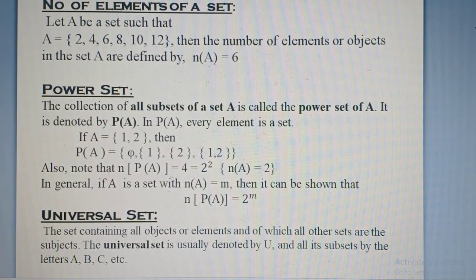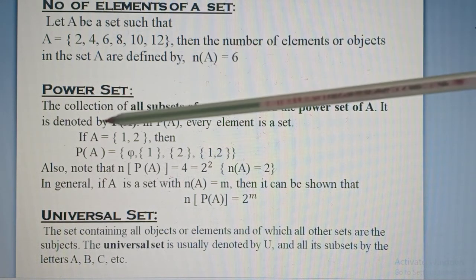So students, next I'll explain what a power set is. The collection of all subsets of a set A is called the power set of A, and it is denoted by P(A), capital P in brackets A. So students, the collection of all such subsets from a particular set is called the power set.